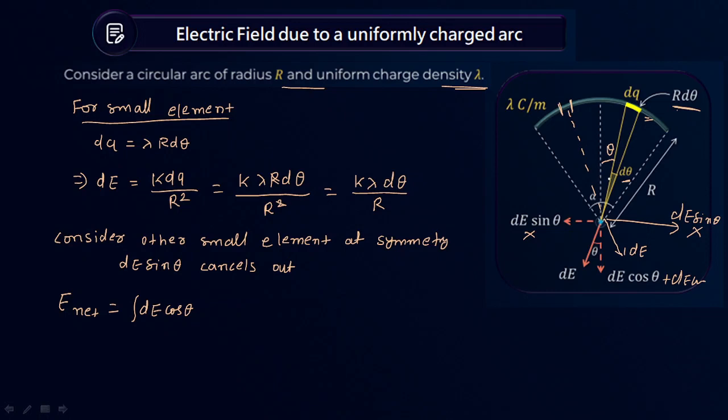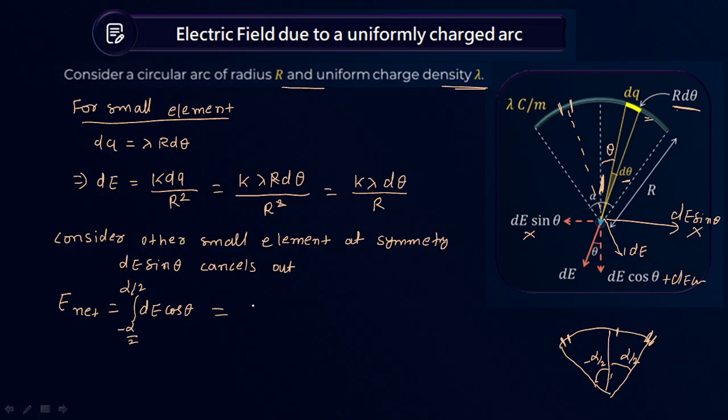Here we are taking from the angle bisector, from the midpoint. If this is the arc and we start from the angle bisector, the angle at this point is 0. At one end of the arc the angle is minus alpha by 2, and at the last end of the arc it is alpha by 2. So the limit should be from minus alpha by 2 to alpha by 2, or theta, whatever angle they give.